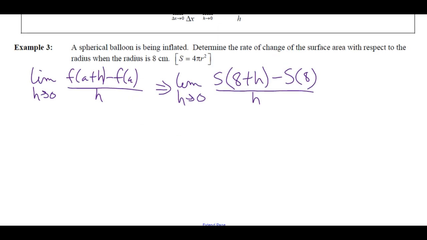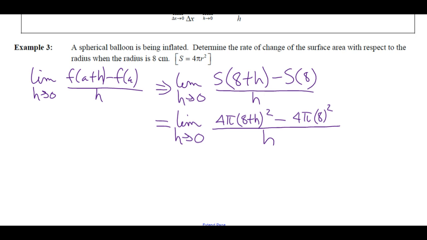Okay, and then we'll fill that in. We know what the function S says to do: take the radius, so it becomes 4 pi. That's equal to the limit as h approaches 0 of 4 pi (8 plus h) squared minus 4 pi 8 squared over h.